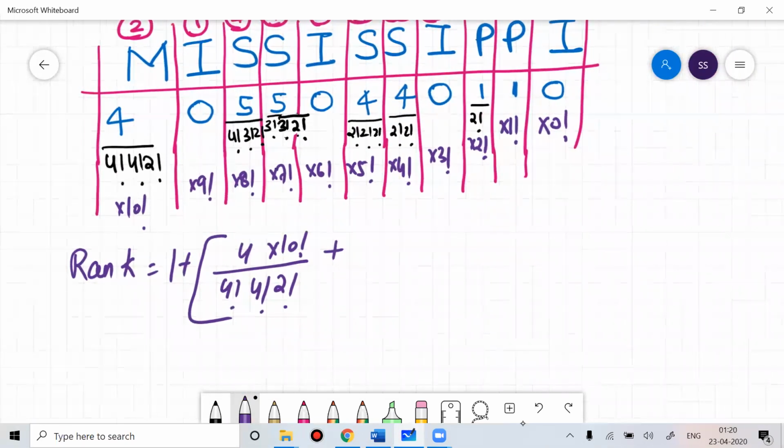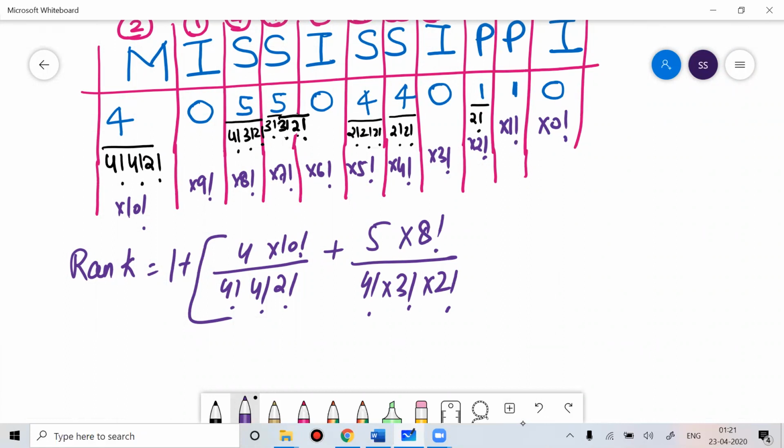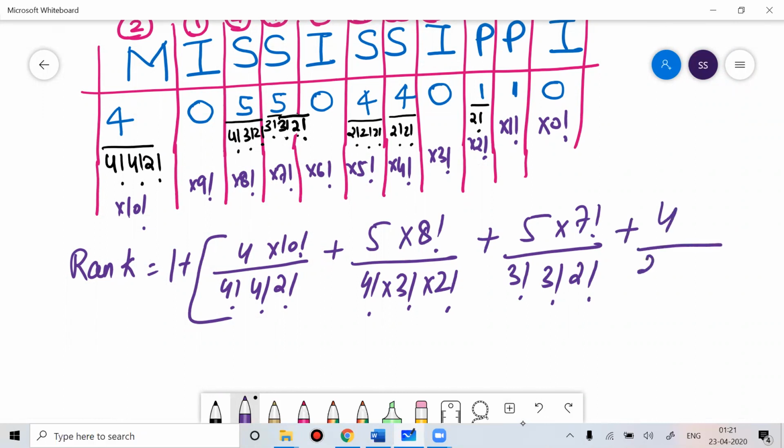Plus 5 divided by 4 factorial into 3 factorial into 2 factorial into 8 factorial, then plus 5 divided by 3 factorial, 2 factorial into 7 factorial, then plus 4 divided by 2 factorial, 2 factorial, 2 factorial into 5 factorial.